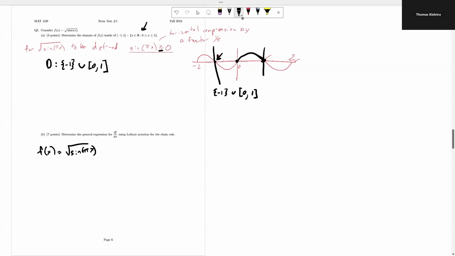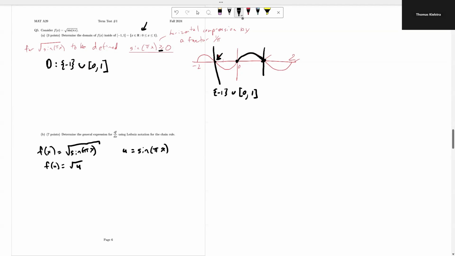And I'm going to go, okay, the most outside thing is that root. I'm going to let u be the stuff just inside of it. u equals sine pi of x. So f of u equals root u.